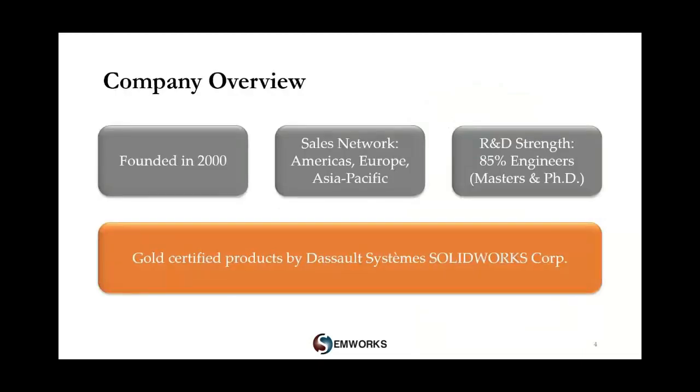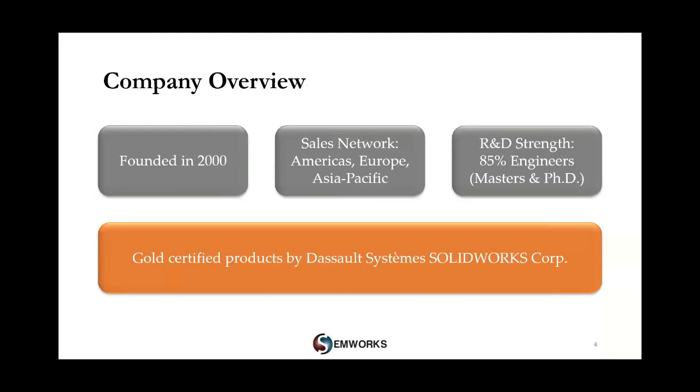Now let us take a quick overview about our company EMWorks. We offer 3D and 2D electromagnetic simulation software as an add-in tool for SolidWorks and Autodesk Inventor 3D CAD. Our company was founded in the year 2000. We have a vast sales network in the form of 2 offices and a global reseller channel. We provide our solutions and services directly or through a reseller in America, Europe, and Asia Pacific region.